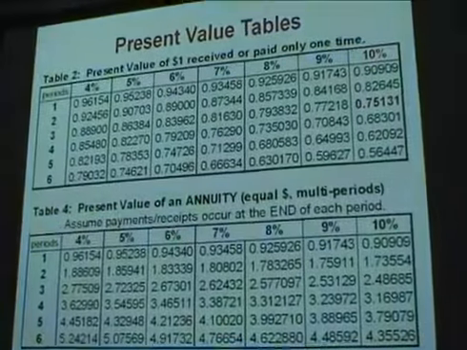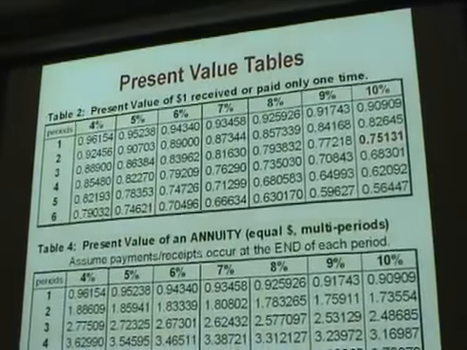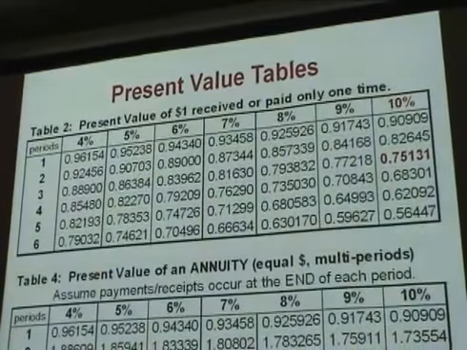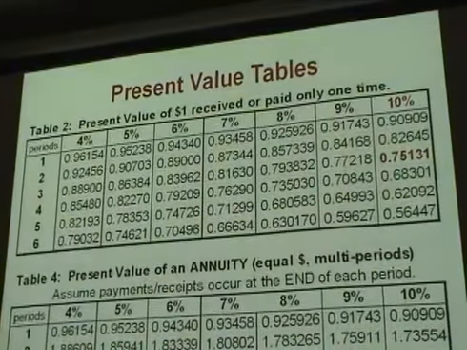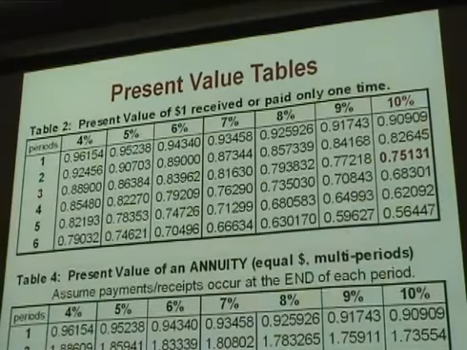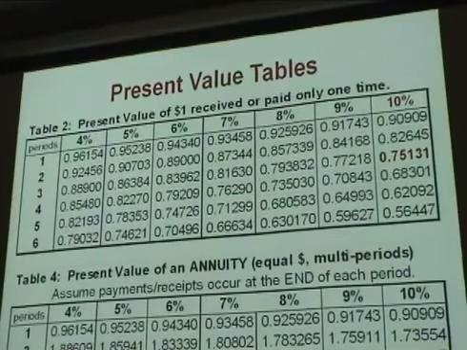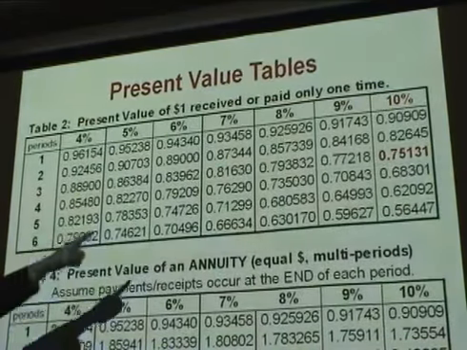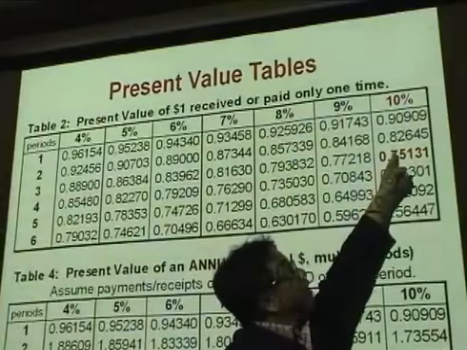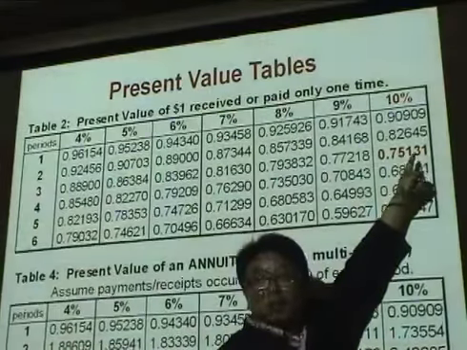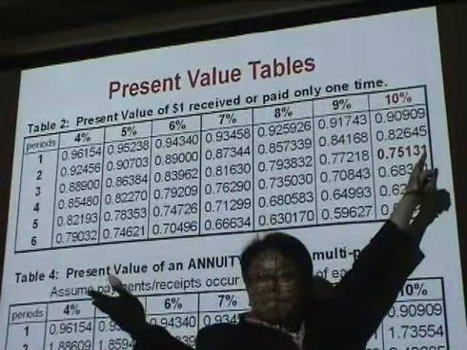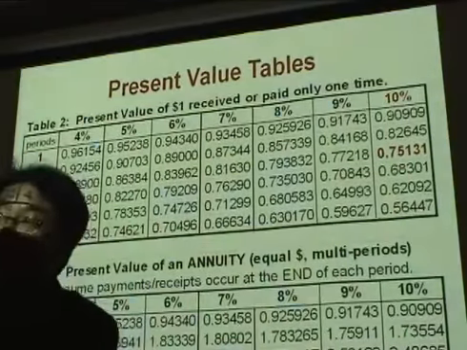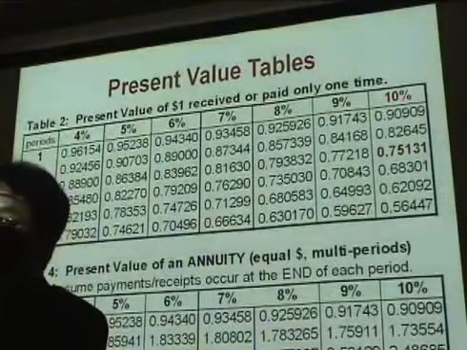Okay. So 10%, period 2. I know the period 3 was highlighted, but 10%, period 2, what's the factor? 0.82645, am I right? We are getting present value, so multiplied by the future value given, 121.